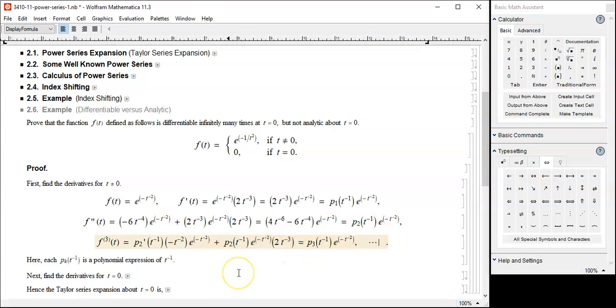Again, we take the like terms together in the end. We have to take the derivative from here, like this, and the derivative of the exponential, and put those together because exponentials are common. Then we have a polynomial expression of t to some negative power. So we're going to get this kind of expression.